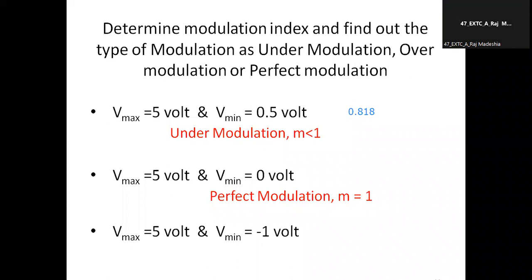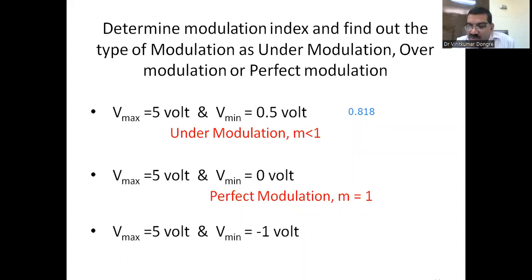So it becomes 6 by 4, which is 1.5. For 1.5, is it under modulation or over modulation? Over modulation. You can have any example, and it will be over modulation. These are the simple examples I have given.